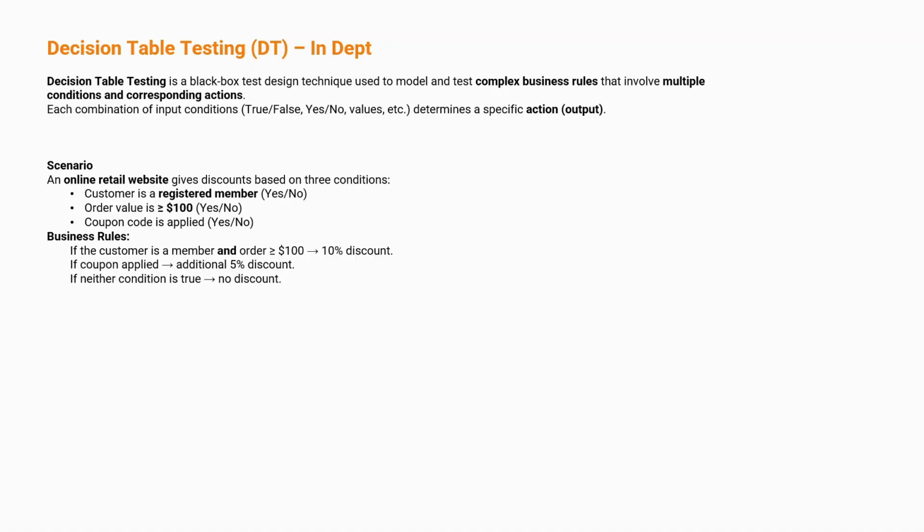Third, a coupon code is applied or not. The business rules are: if the customer is a member and the order is greater than $100, it is a 10% discount. If a coupon is applied, then additionally we have a 5% discount. If neither condition is true, then no discount is applied.